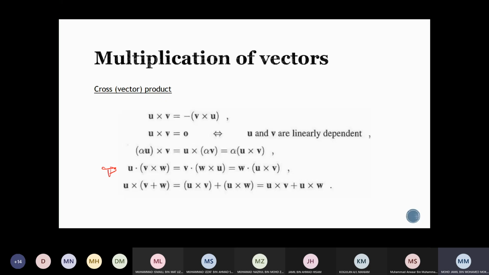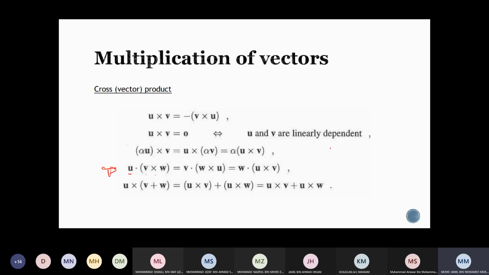So if you have u dot v cross w, if you have this form, you can rearrange the order. So it becomes v dot w cross u or w dot u cross v. So this only applies for perpendicular vectors.